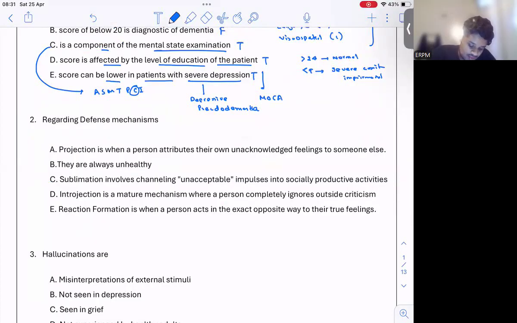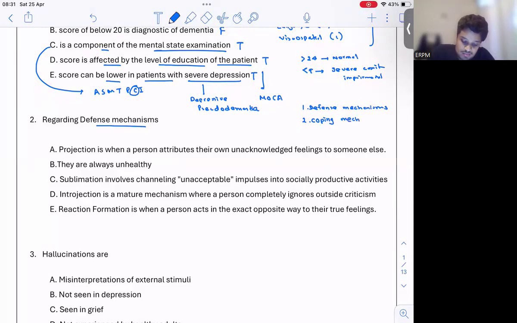Next question. Regarding defense mechanisms. Now, when you face a problem, there are two mechanisms which come out. One is defense mechanisms. The other one is coping mechanisms.